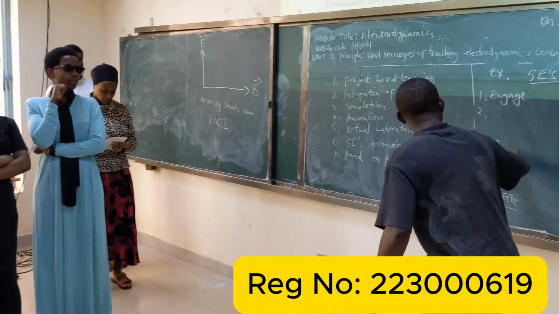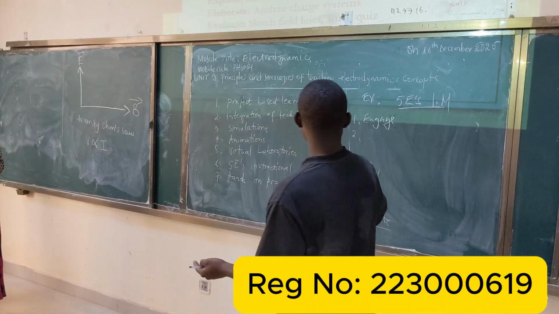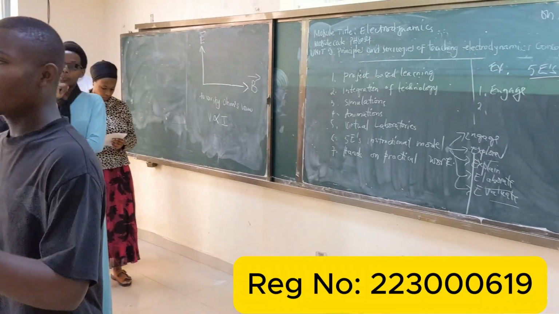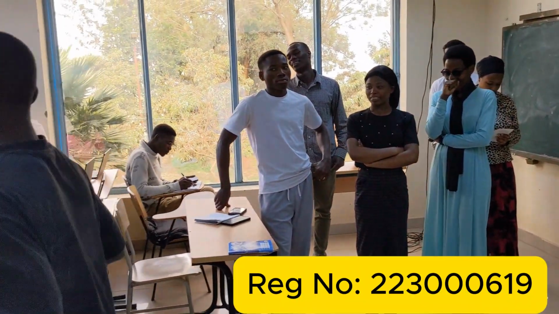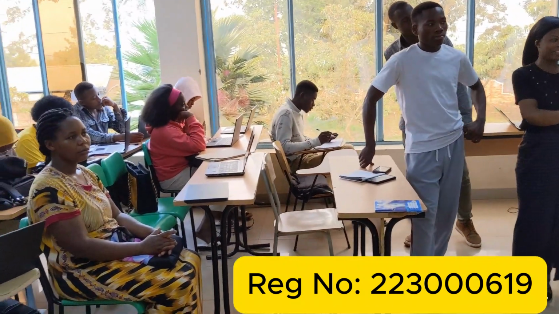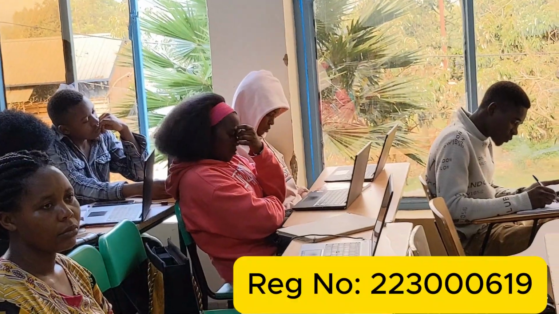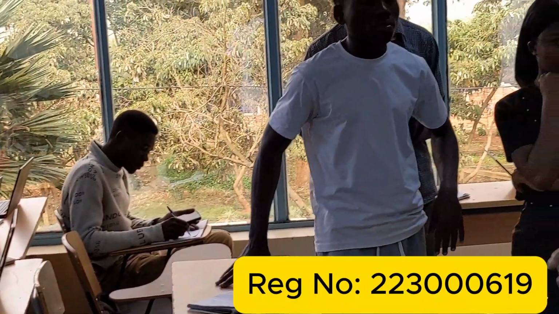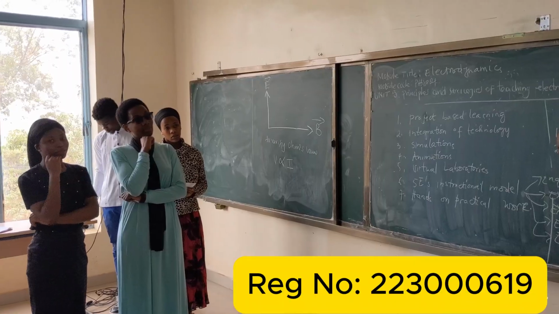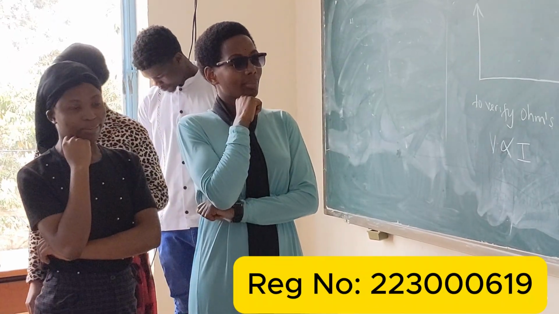The second one is explore. The teacher may give learners balloons and ask them to rub them against each other, and while rubbing, ask them to talk about what is happening.